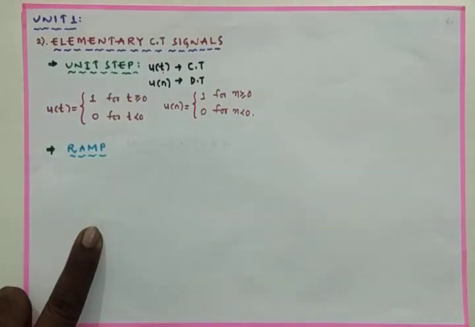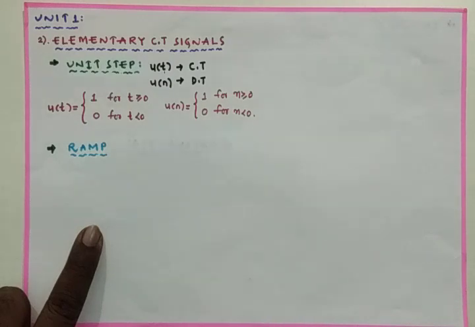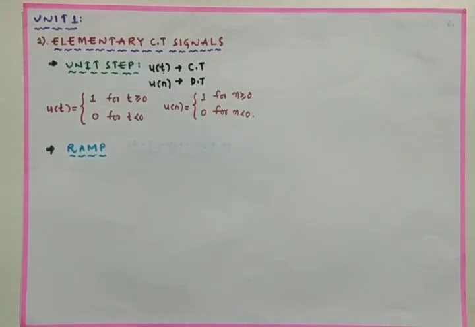This I have given in the last class. The main application of the continuous time unit step signal is that we directly give the continuous force from the off state to the on state to start a motor or to start an engine of any electrical device. That is the best example for the unit step signal. In the last class we have discussed this one.